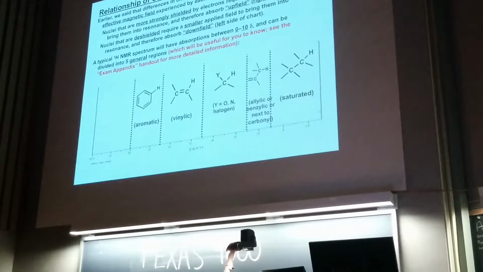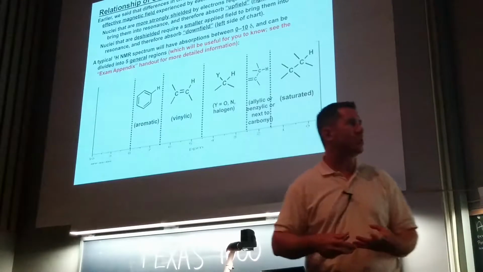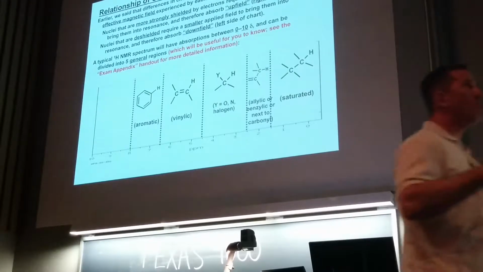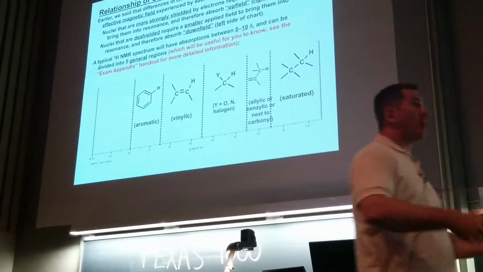The electronegative group draws electron density away from that hydrogen, and that means you don't have to bring as high an applied field to get that to come into resonance. The local field generated by the nearby electrons will be a lot smaller when there aren't a lot of electrons nearby.